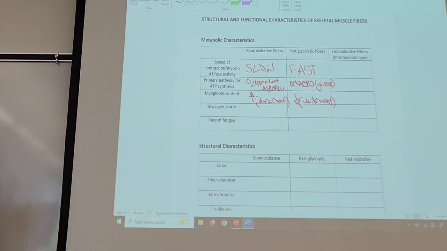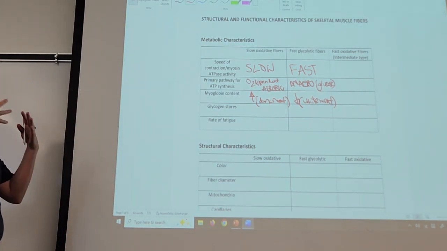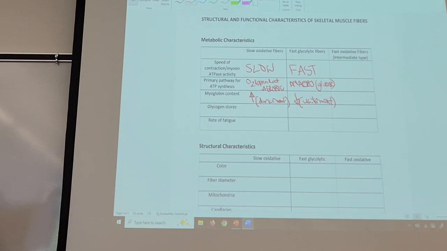And if you think about dark meat versus white meat on a chicken, dark meat is usually found in the legs, right? The drumsticks, the thighs, that's where all the dark meat is, right? And the lighter colored is more in the center of the animal's body, right? So the breast and whatnot. So the legs, slow oxidative fibers are gonna want muscle fibers that last a long time, okay?